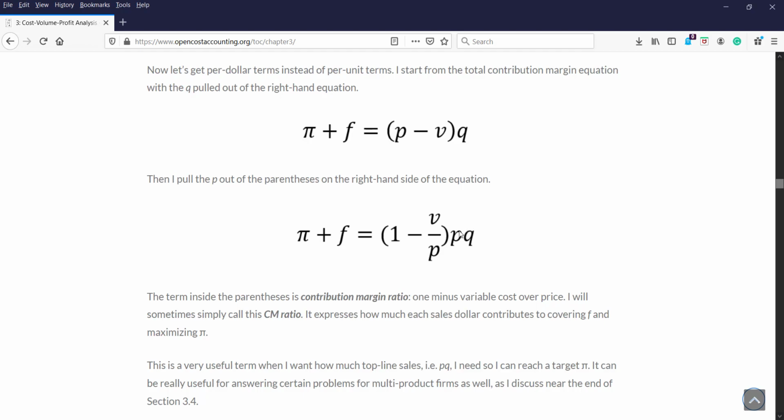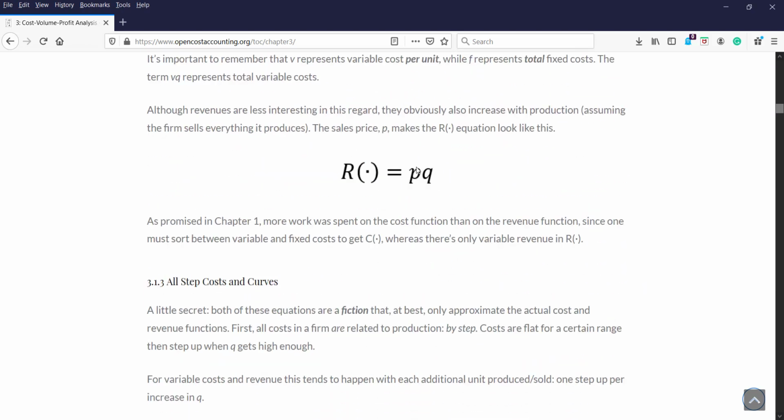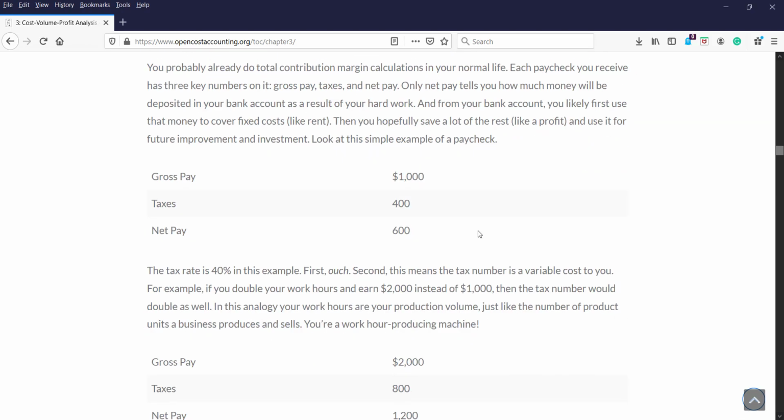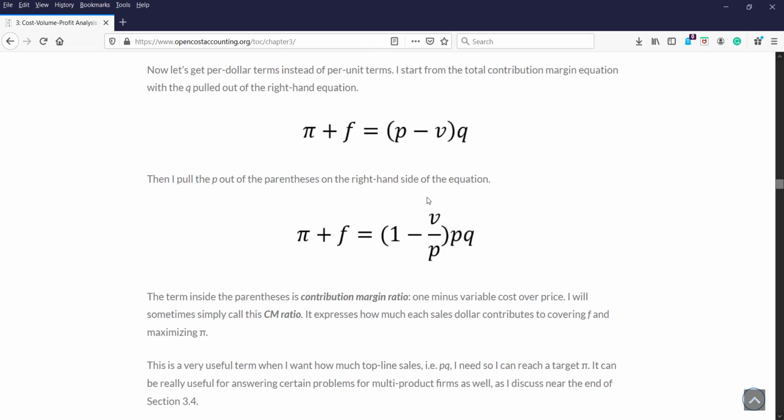So now on the outside, remember way back up above, we have our revenue function, and revenue is PQ. So now we've got a PQ, and we can start to think in terms of total revenue times this contribution margin ratio giving us total contribution margin. Remember, this is also substitutable with total CM.